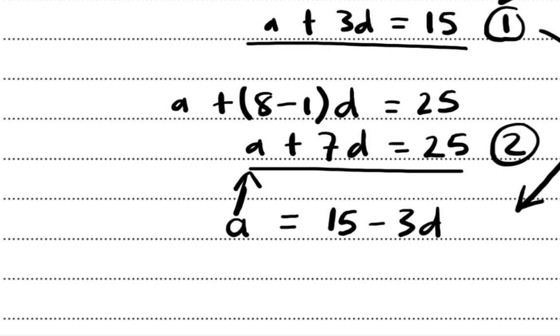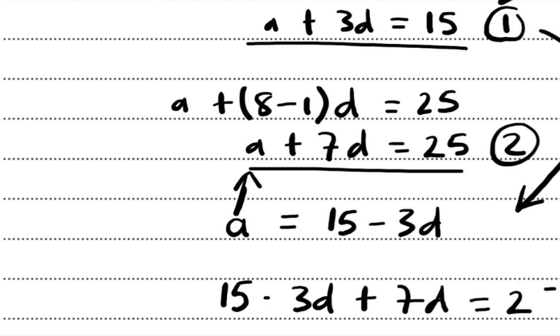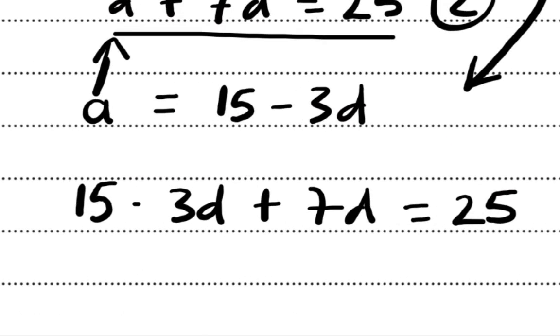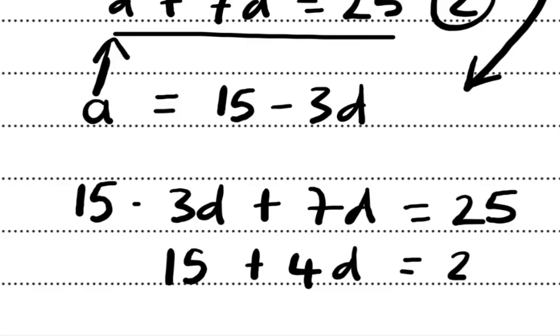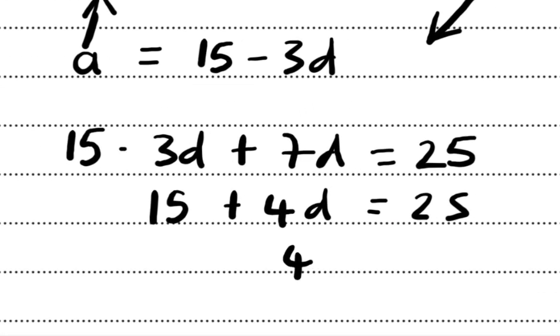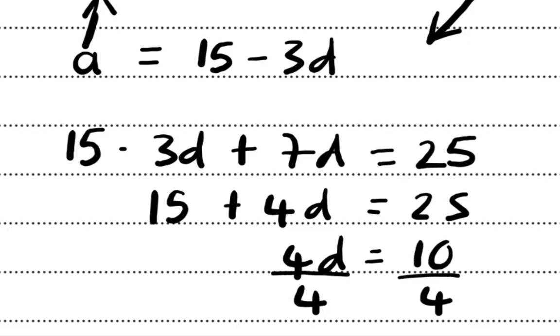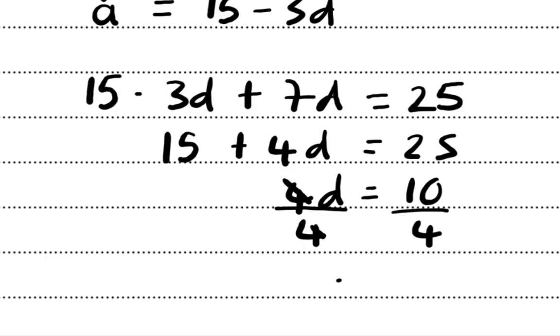So in place of a, I'm going to write 15 minus 3d plus 7d, which should give me 25. Now from here, 15 plus 4d should give me 25, and 4d is equal to 25 minus 15, which is 10. Dividing by 4 both sides, I get d to be 5/2.